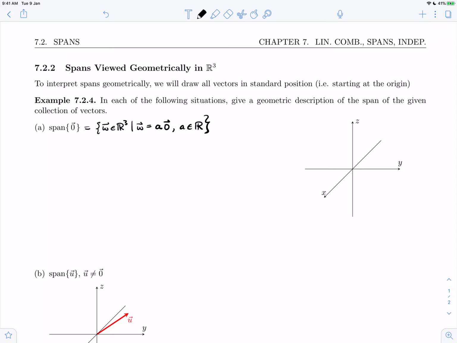scalar in R. So if we take a look here, well, we can simplify this. Any scalar times the zero vector is going to give me 0. So that is the set of all vectors w in R3 such that w is equal to the 0 vector. Well, there's only one vector in R3 that's equal to the 0 vector, and that is the 0 vector.